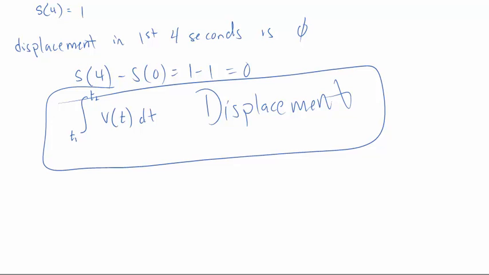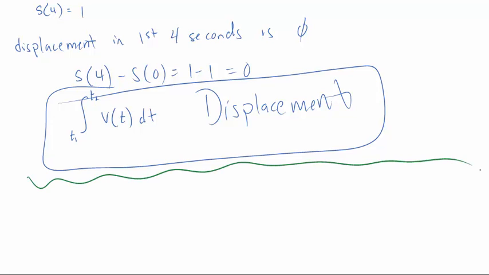What about total distance traveled? It's a little bit different game. We need to know when we might change directions. And we're going to change directions when the derivative of the position function, that is the velocity function, equals 0. So this is a change in direction.